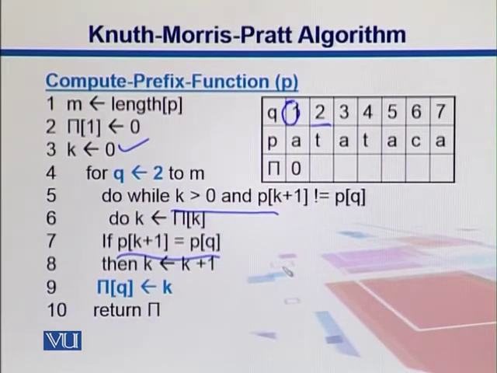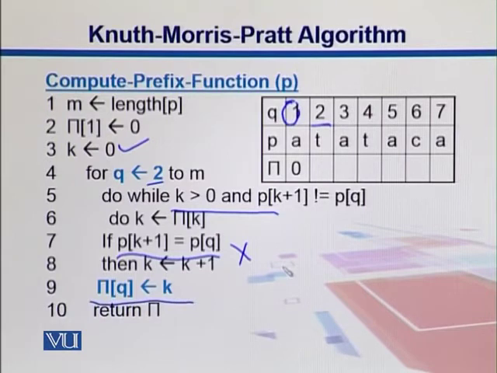Here q is 2, so we are comparing the first and second characters. They mismatch, so we won't go here either, and we put the value of k in pi of q.